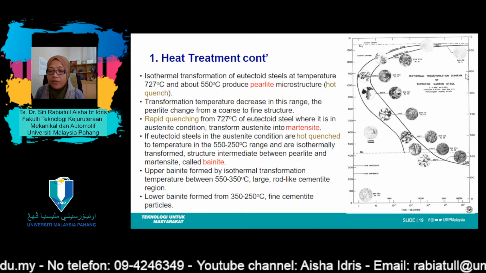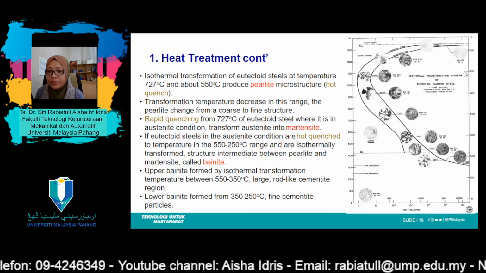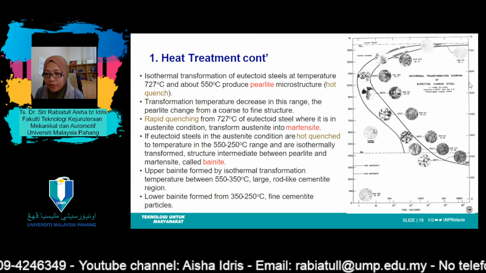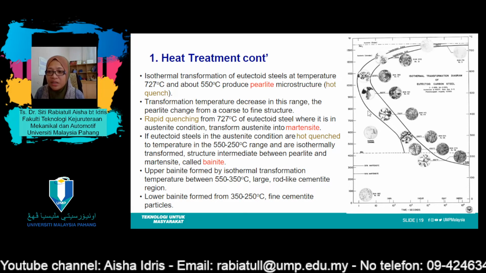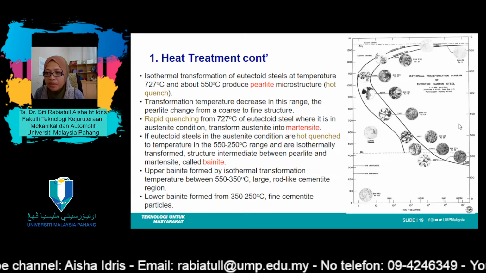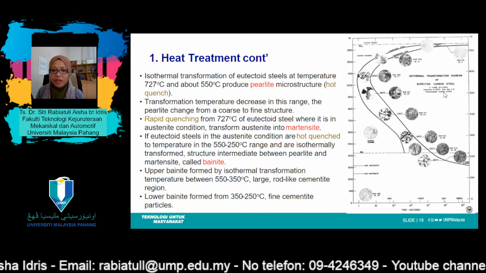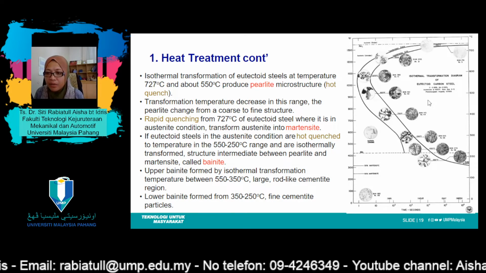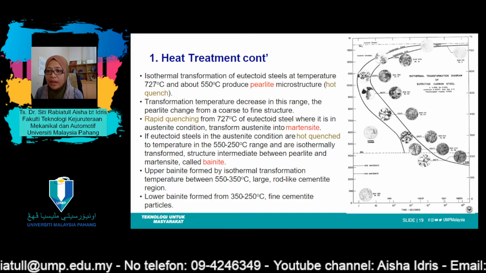If the steel is hot quenched from temperature 550 at this point until 250 over here, the structure changes into bainite. So the area is somewhere here. This is the bainite area. And the bainite area can be divided into two, which is upper bainite and lower bainite.